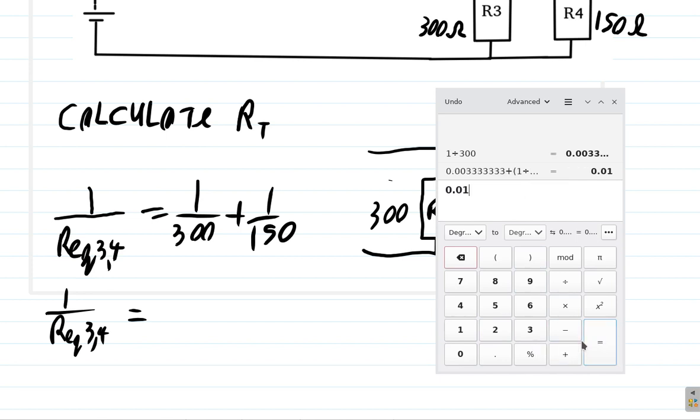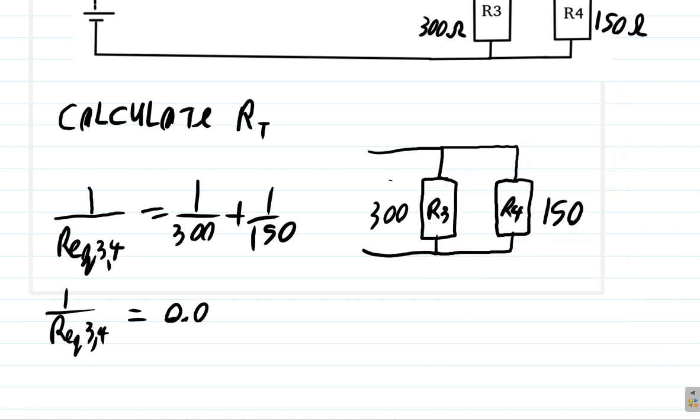I could also have done it like this: open bracket 1 over 300, close bracket, plus, open bracket 1 over 150, close bracket, equal. Alright, what we have is 0.01.